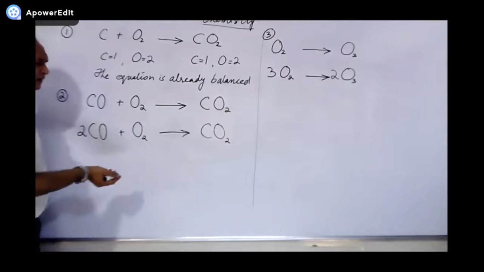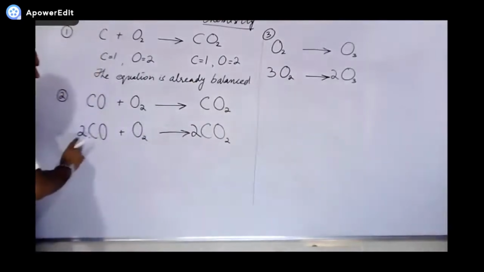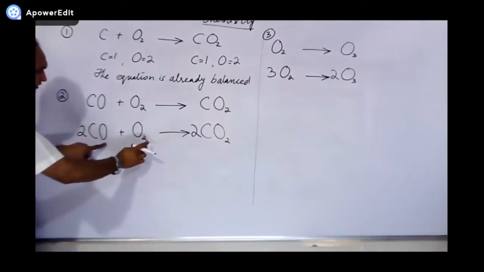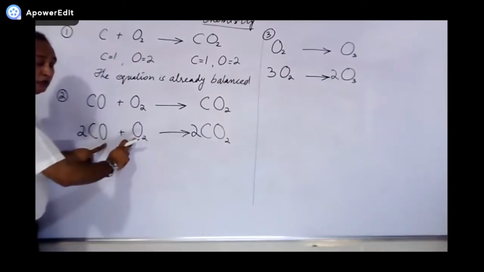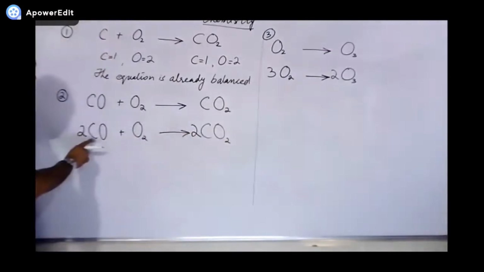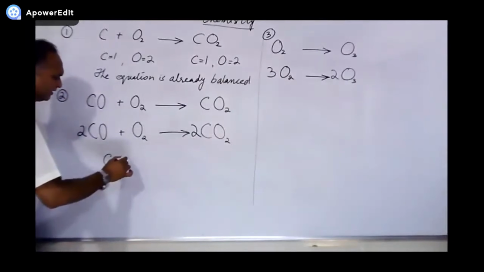Or you can do it by another method, as I told you. How many oxygens? 2 plus 2, 4. 2 oxygens, 2 oxygens. How many carbons? 2 carbons, 2 carbons. This one is a little bit different.